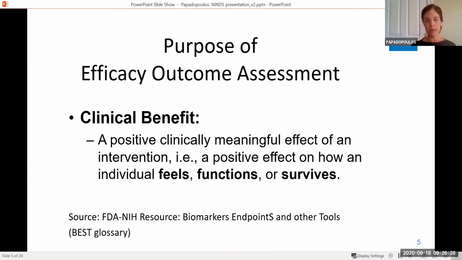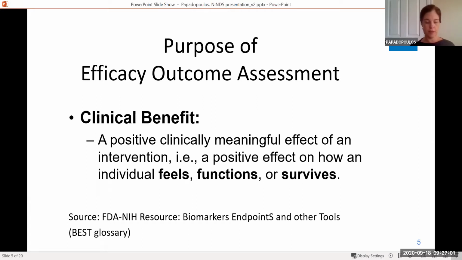Before we go into the details of measure development and selection, let's step back and think about the broader context of what we're trying to do in clinical trials. Ultimately, we're trying to evaluate clinical benefit, meaning to evaluate whether that medical product has some positive impact on something that is really important to patients, such as how long they live or how they feel or function in daily life.